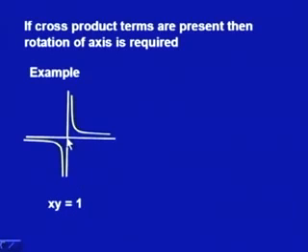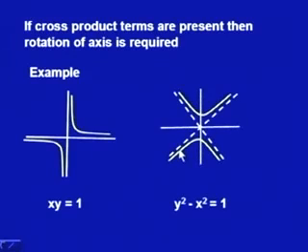But if you rotate the axis, then the curve will look like this, and xy is equal to 1 will transform to y square minus x square is equal to 1 by suitable transformation, and here we do not have any cross term present. But this curve is the same as this one, only thing is you have to rotate the axis.